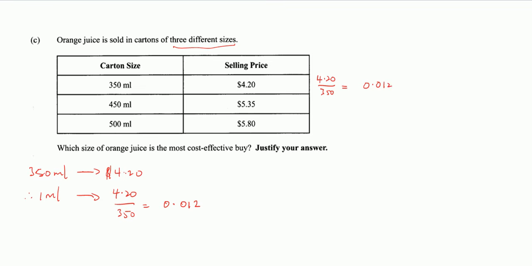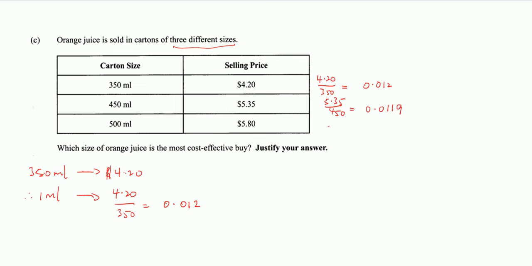For the 450, it'll be 535 over 450. So 535 divided by 450, we get 0.0119.